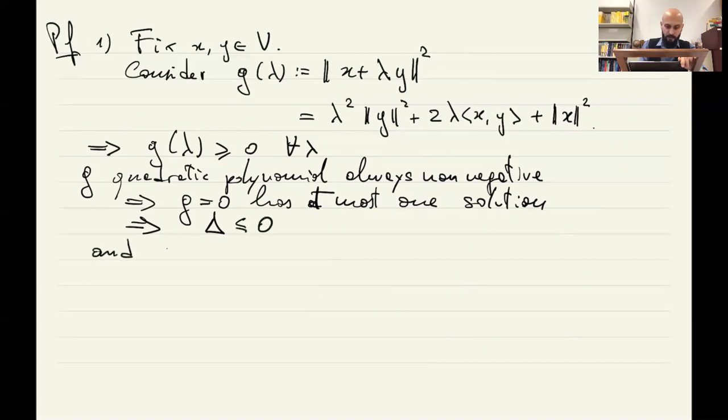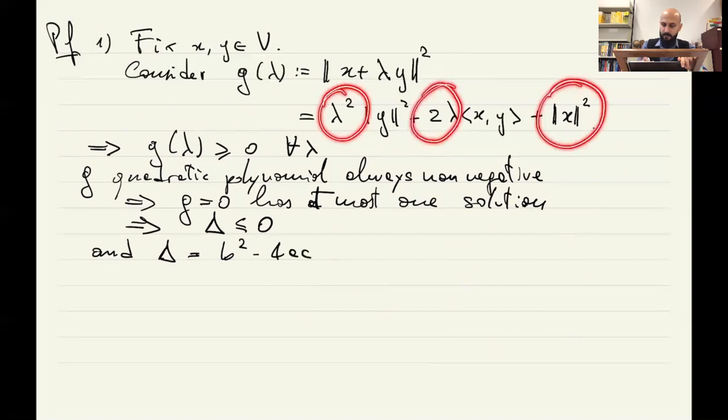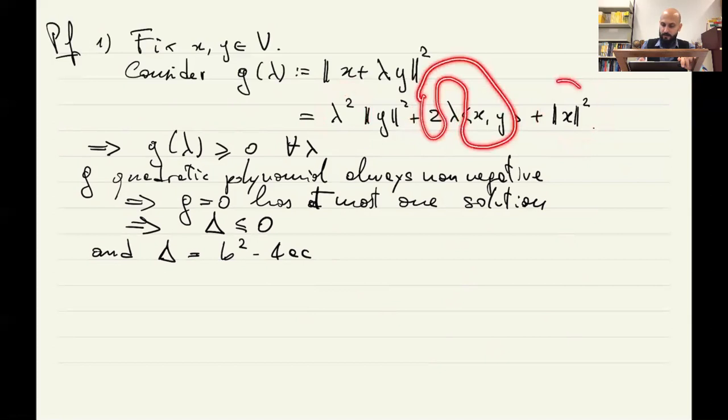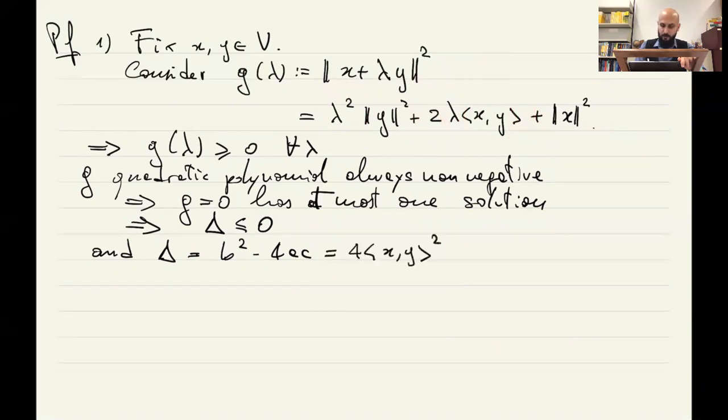And what is delta? So delta by the formula is b squared minus 4ac, where this is a, b is this, and c is this. So what is this? This is equal to 4 times the scalar product of x and y squared minus 4 norm of x squared norm of y squared.